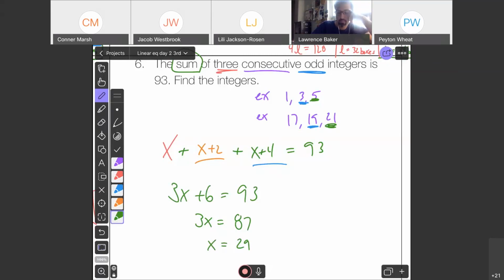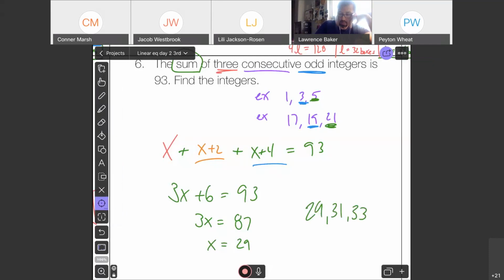Would it be 29, 31, and 33? Okay. So 20 plus 30 is 50, plus 30 more is 80. 9 plus 1 is 10, plus 3 is 13. So 80 plus 13 is 93. So we can see that does add up.